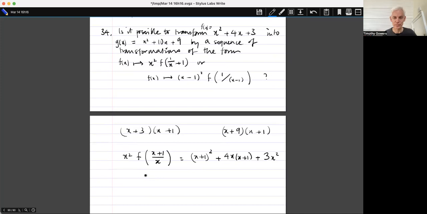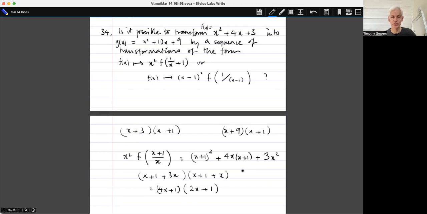So it'll be x plus 1 plus 3x, x plus 1 plus x. So that is 4x plus 1 times 2x plus 1.